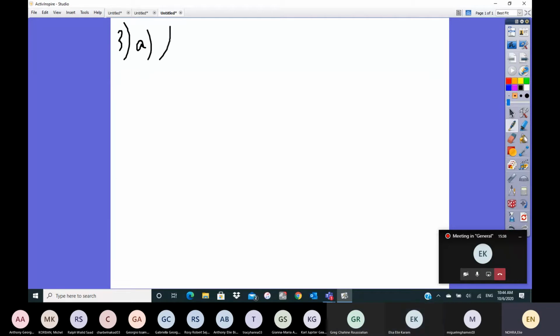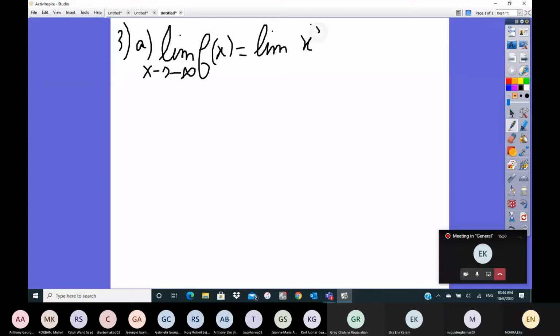Limit of f of x as x tends to minus infinity is the limit of x cubed over x squared, the limit of x, which is minus infinity.